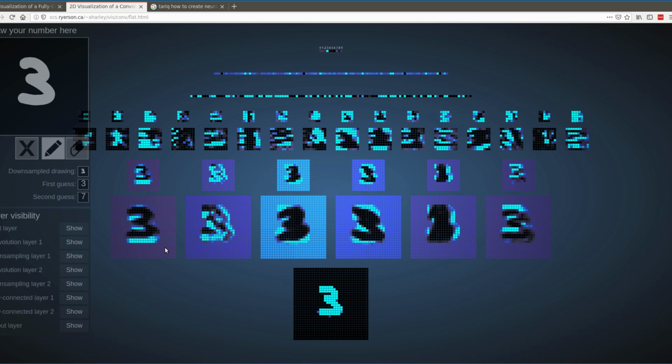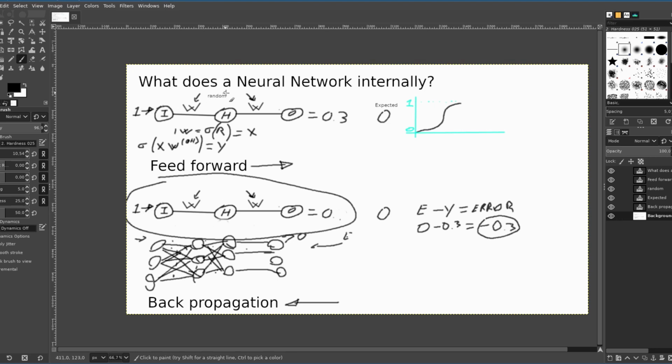So the answer to what a neural network does internally is, nobody knows. Internally, it changes the weights by learning and gives an output following these weights. But nobody really knows how this exact neural network understood how to recognize this pattern and give me this output. Yes, that's it.